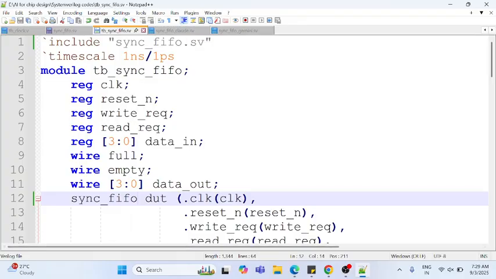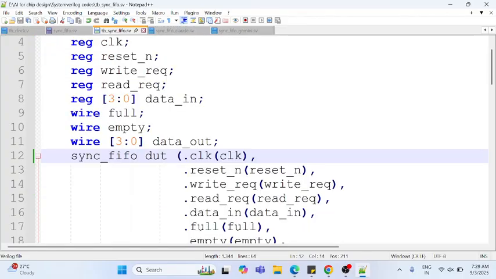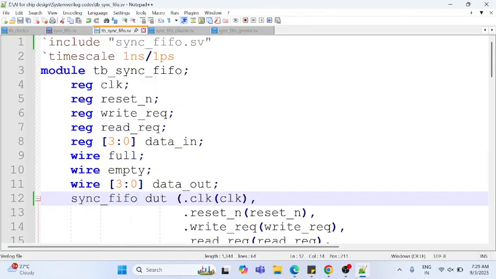This is a TB to check the synchronous FIFO. Reg clock, reset, write request, read request, and data in are all of reg data type. Here it is wire full, wire empty, wire of 3:0 data_out. These should be wire because outputs should be wire. This can be reg or logic data type also.